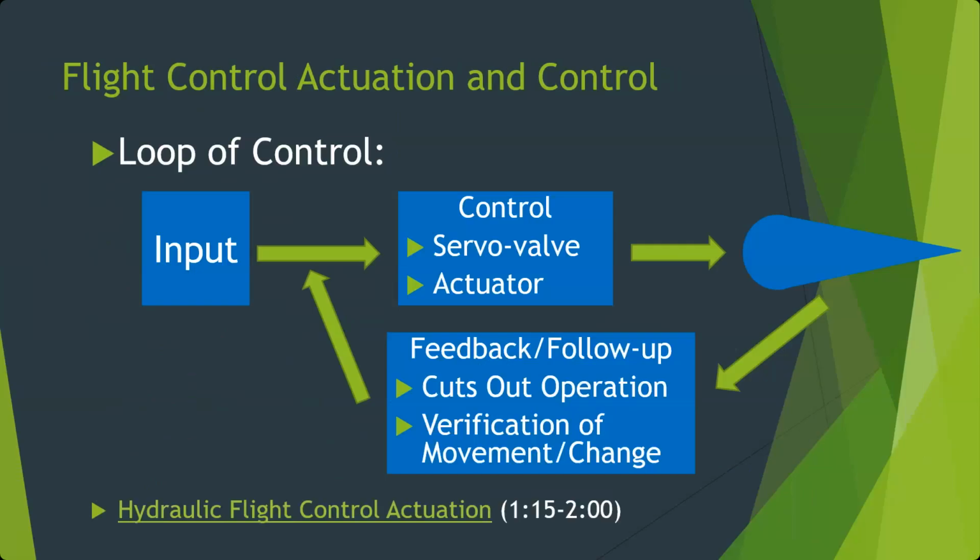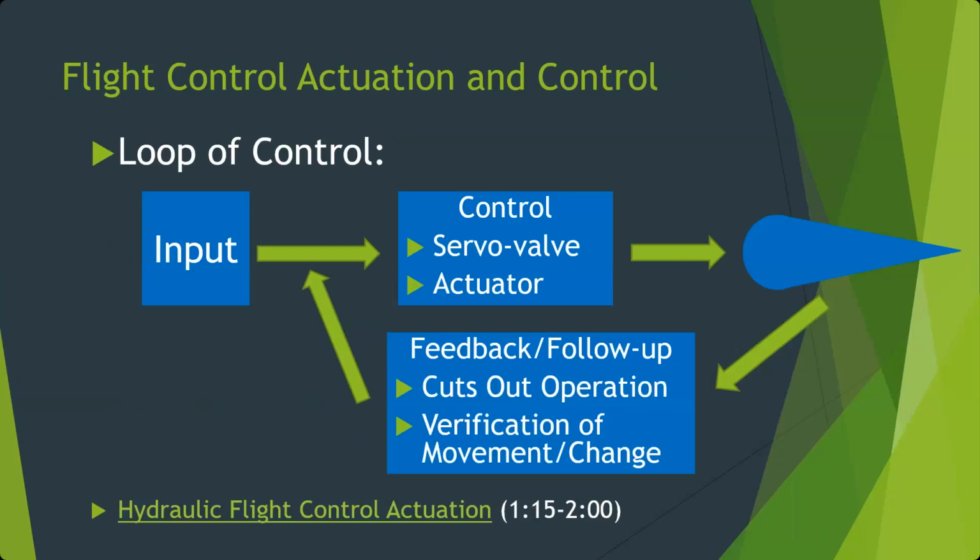The flight control actuation loop of control looks something like this, and I talked about this earlier. It played a part in indication primarily. From an indication standpoint, I talked about hydraulics and indication: you turn on a hydraulic pump switch. It's not turning on the switch that gets rid of the low pressure message or the low pressure light.